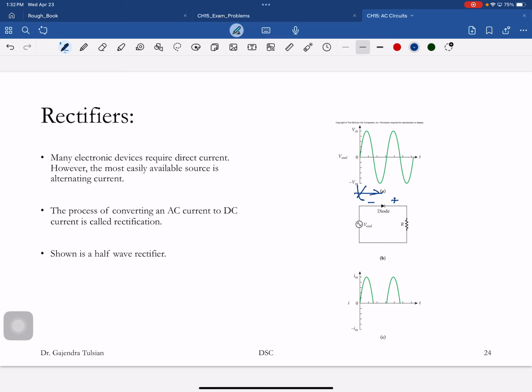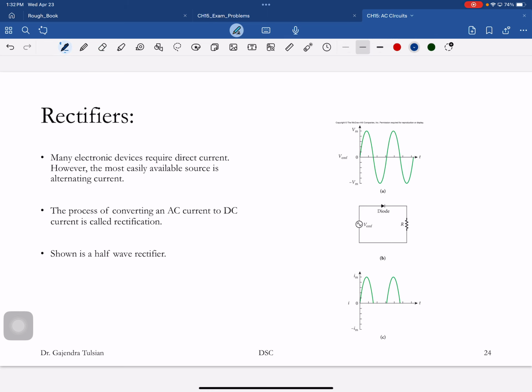So it's a one-way gate. It lets current flow this way, it doesn't let current flow this way. Whereas a resistor doesn't care. It'll let current flow either way. So this beast is different.